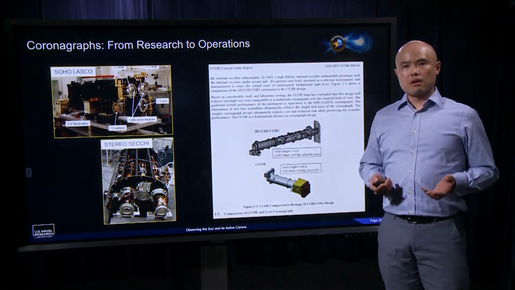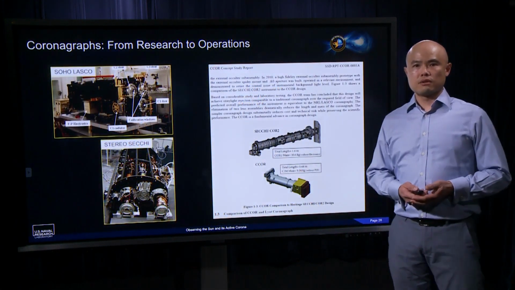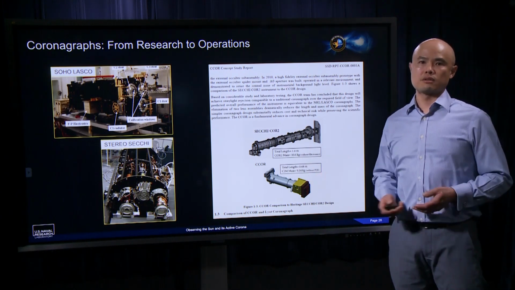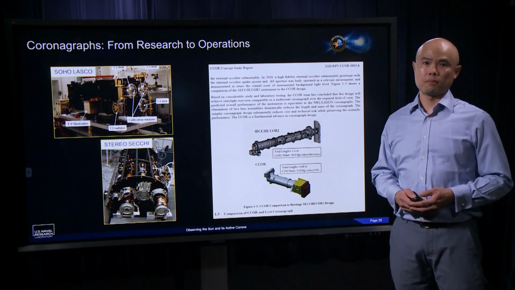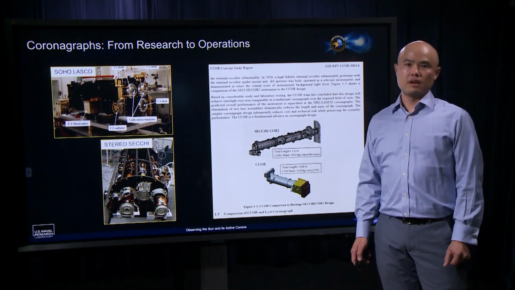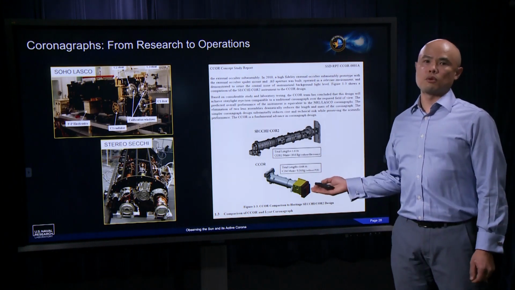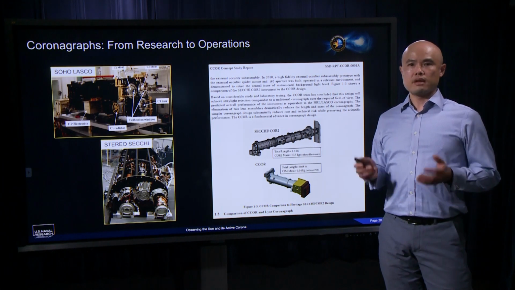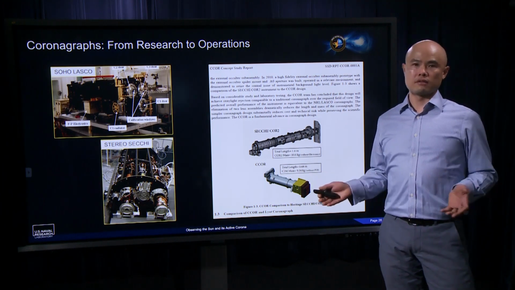So at NRL, our heritage of building research-driven coronagraphs led us to pursue transitioning these technologies for operational use. In 2010 and 2016, NRL submitted a concept study report to NOAA for a coronagraph design that would make it easier to deploy these on a wider variety of spacecraft.